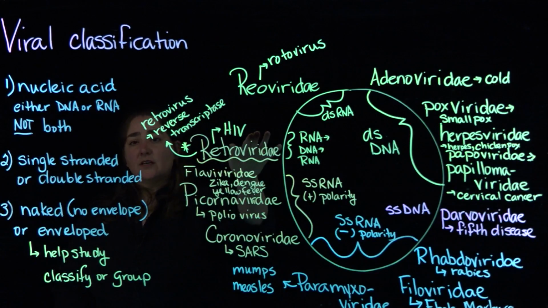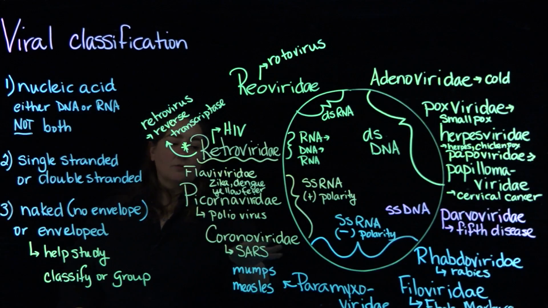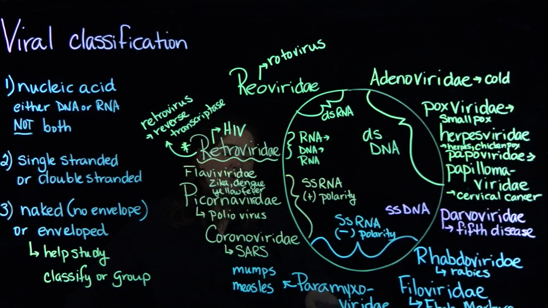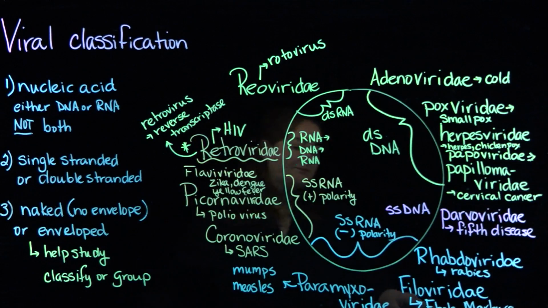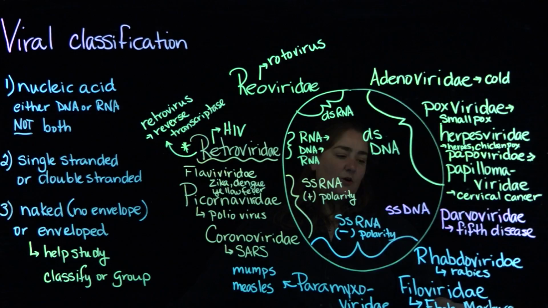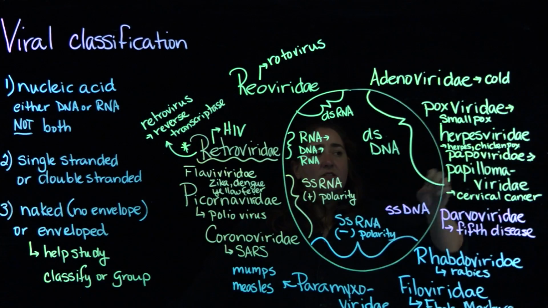So Retroviridae is associated with HIV, Flaviviridae, Zika, dengue fever, yellow fever, Picornaviridae is poliovirus, Coronaviridae, SARS, Paramyxoviridae, mumps and measles, Filoviridae, Ebola, Marburg, Rhabdoviridae, rabies, Parvoviridae, fifth disease, Adenovirus, cold, Poxviridae, smallpox, Herpesviridae, herpes and chickenpox, as well as shingles, and then Papovaviridae, cervical cancer.